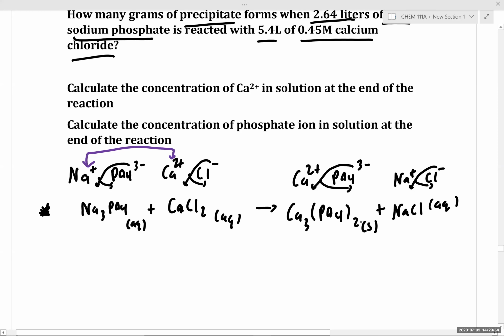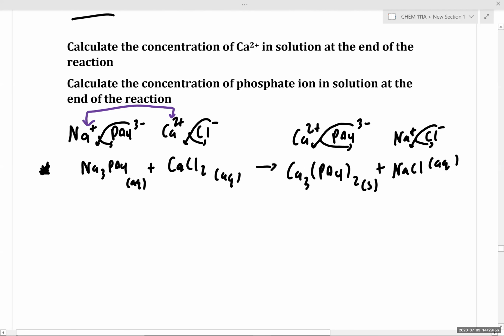Perfect. So now looking at the following equation, I'd like you to take a moment and ask yourself, is this equation balanced? As we can clearly see, this equation is not balanced.